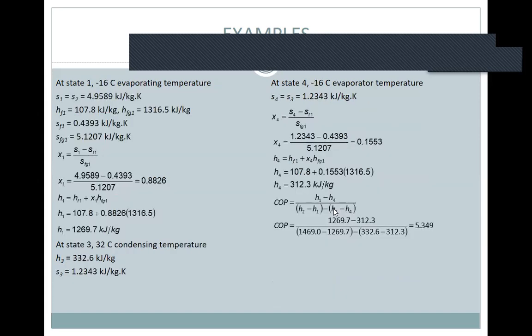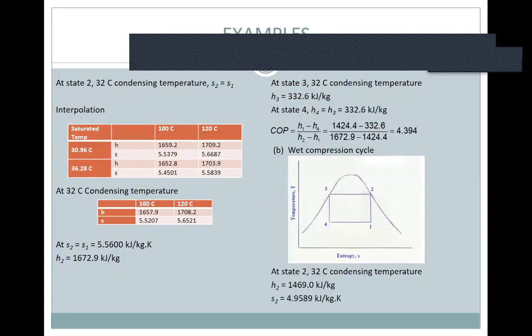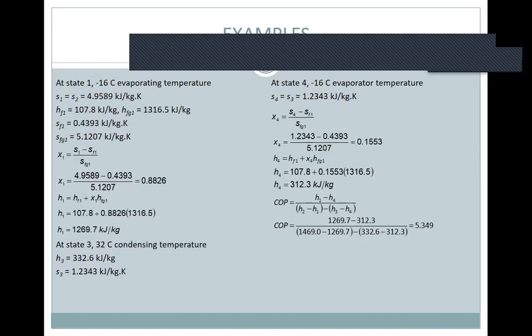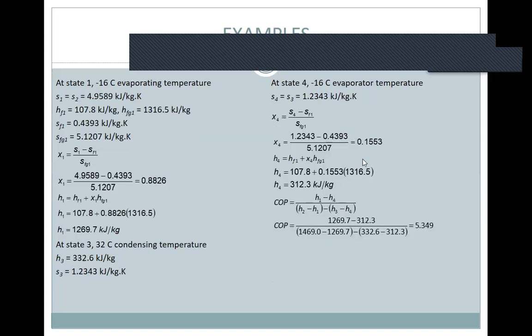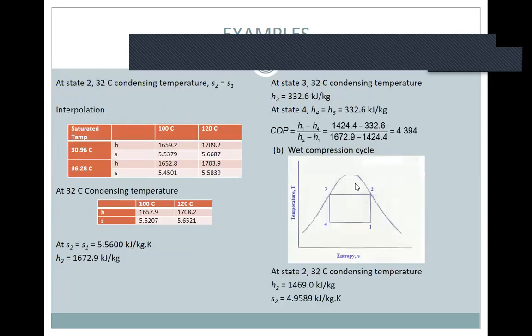Pwede rin yun. Para sa labas niya. So COP is equal to 1269.7 minus 312.3 over 1469 minus 1269.7 minus 332.6 minus 312.3 is 5.349. So mas mataas to. Kaya lang, siyempre, mas mataas yung COP niya. Kaya lang, with compression.